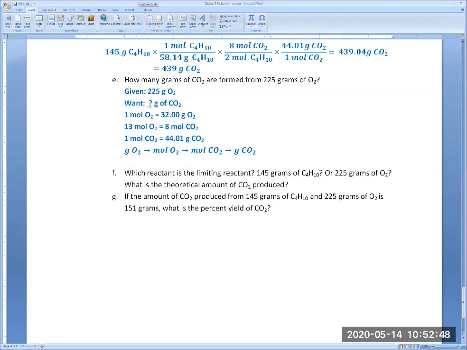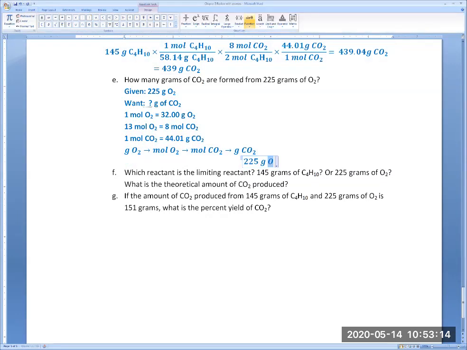So let's start the calculation. Okay, so we start with 225 grams of O2. And then you multiply your given amount.